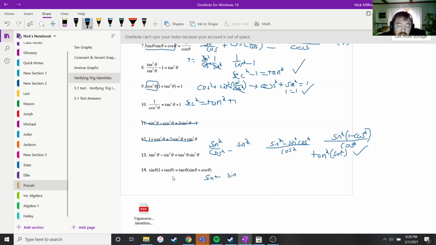sine times tan, and then I'm going to substitute what we know tan to equal, sine over cosine. So then you're left with sine plus sine squared over cosine.